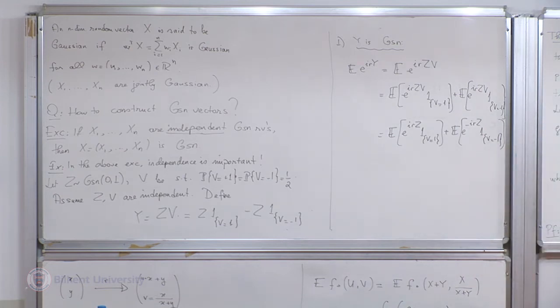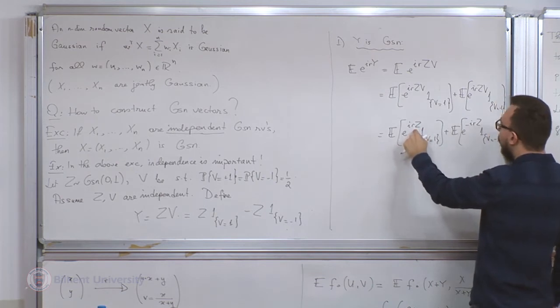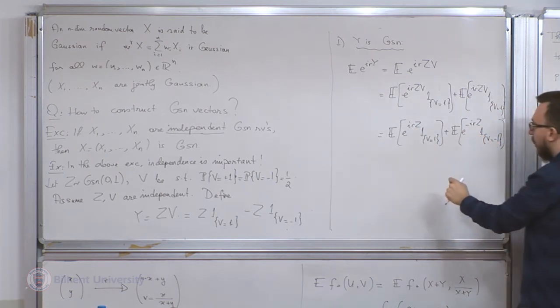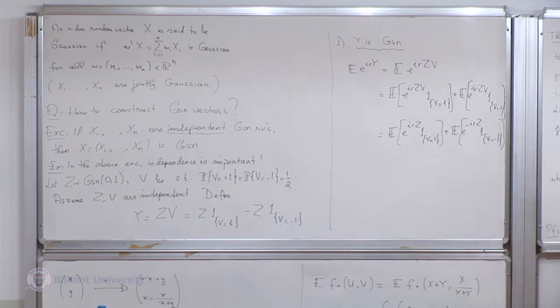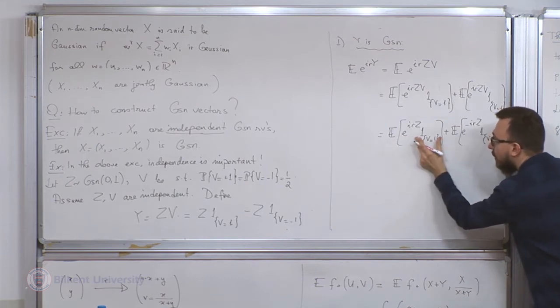So far, we just use linearity of expectation. And inside the brackets, we use the fact that V is equal to 1 here, V is equal to minus 1 here. So now, how should we proceed? What is the next step in the calculation? How can you evaluate the expected value of this term times this term?